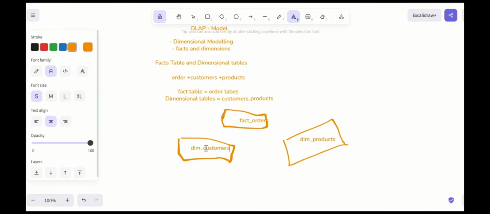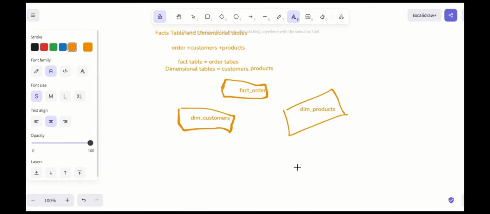For example, dim customer is a dimensional table because it provides more context about the customer. The fact table contains foreign keys, while the dimensional tables contain primary keys.